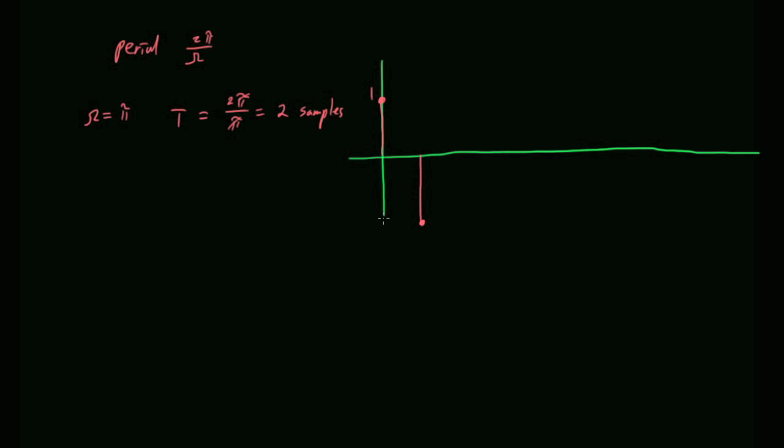What's my next sample? Right. See how it goes up, down, up, down? What's the period of that signal? Every how many samples does it repeat itself? 2. Therefore, that's what it looks like when a discrete time signal has a frequency of pi.